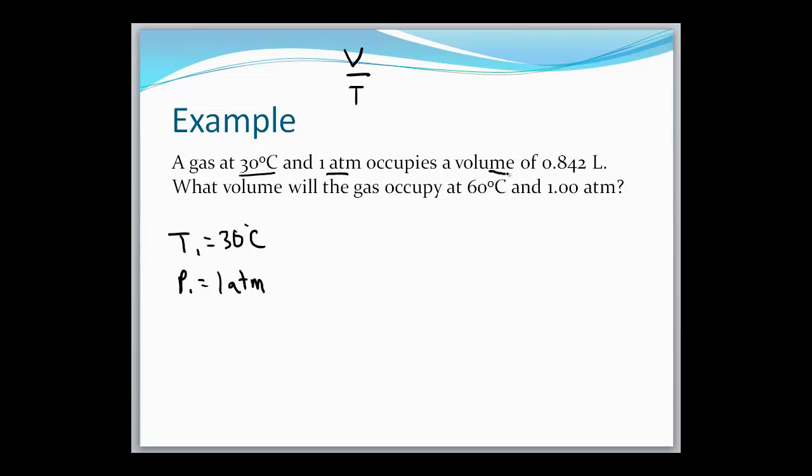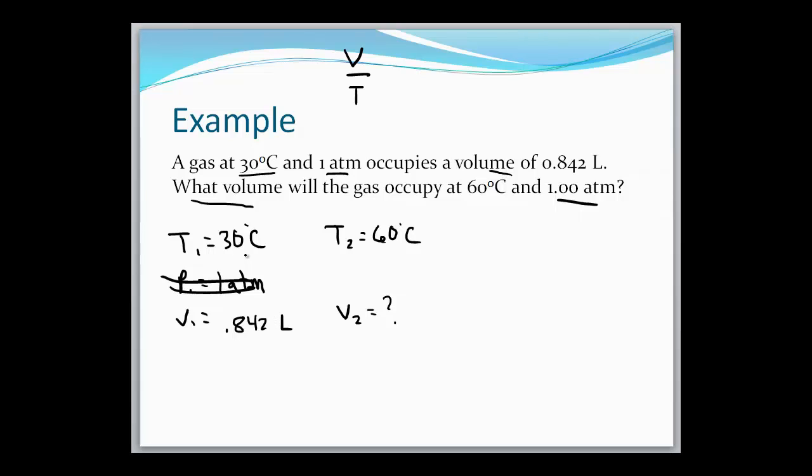It occupies a volume of 0.842 liters. What volume will the gas occupy at 60 degrees Celsius? So our new temperature is 60 degrees Celsius, and you can see it's still at 1 atmosphere, so we can cancel that out. Whenever the unit stays constant, you can just cancel it out.